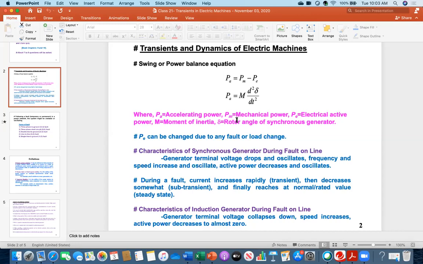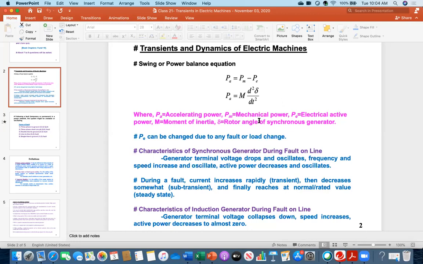If it is a very big size, like 200 megawatt, 300 megawatt, accordingly the M value will increase. And if it is a small size, then the M value will decrease. Because the rotor angle is involved, it is called the accelerating power. Because you know d square delta over dt square from physics, this is the acceleration. When it is d delta by dt, that is just the velocity.